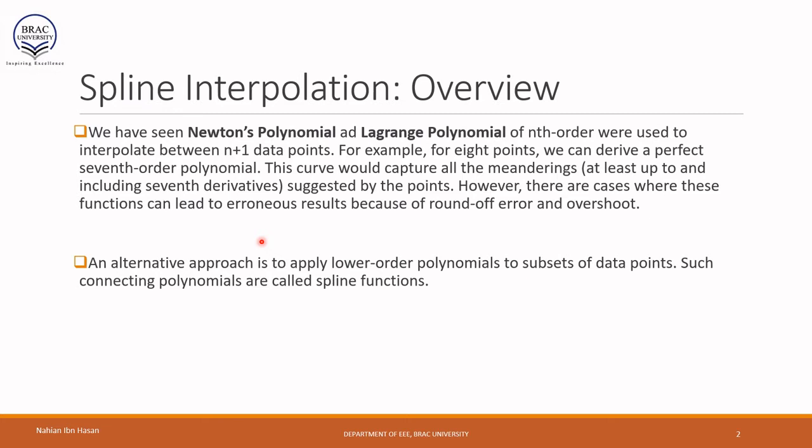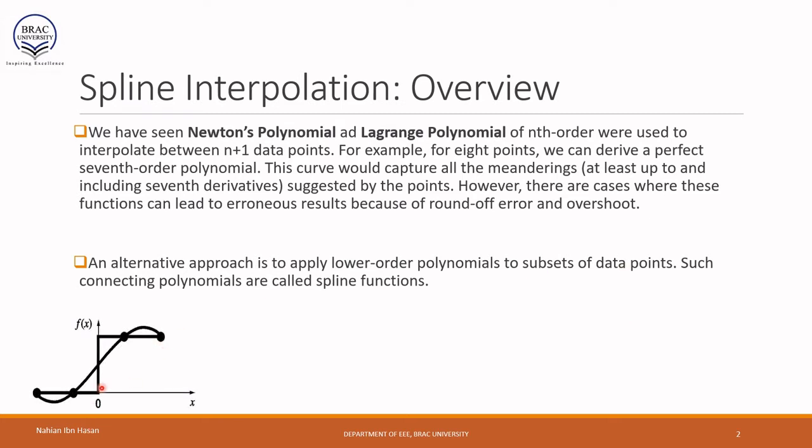So sometimes we prefer to stay in the lower order cases. For those purposes, spline interpolation has emerged. In spline interpolation, we fit a specific type of polynomial within each interval of the data points.